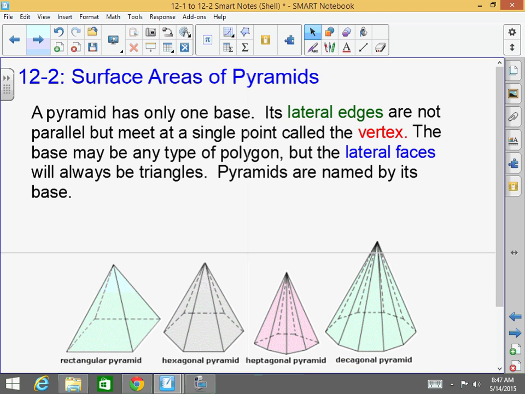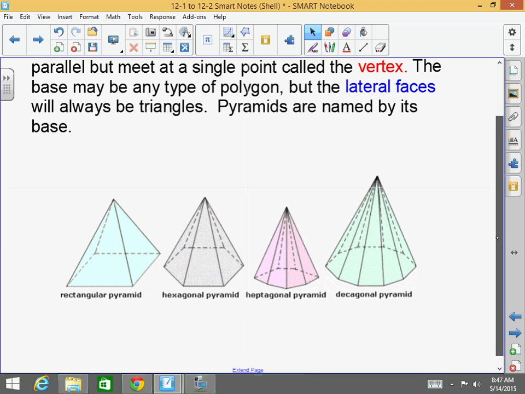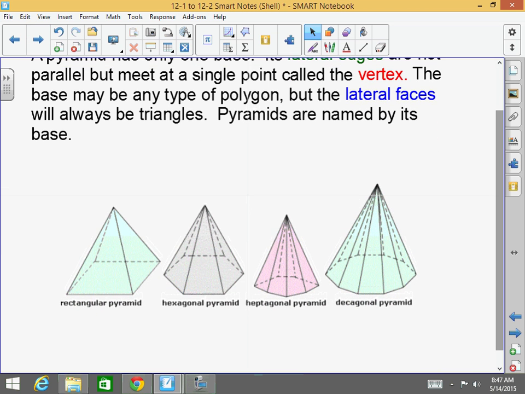Pyramids are named solely by their base. So you have a rectangular pyramid because you have a rectangular base. You have a hexagonal pyramid because you have a hexagonal base. A heptagonal pyramid because you have a 7-sided polygon as its base. You have a decagonal pyramid. That means there's 10 sides, so there's 10 little triangles that create the faces of this pyramid.